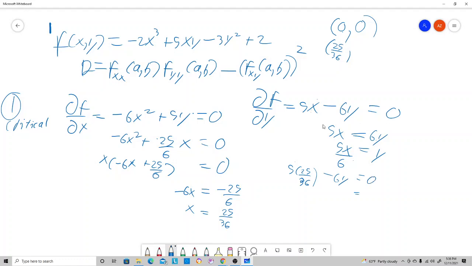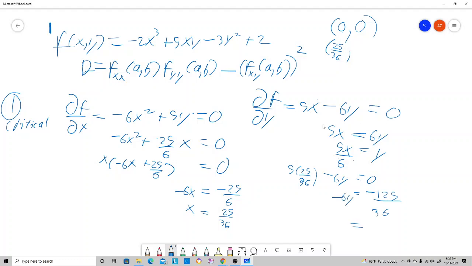Putting 5 times 25 over 36 into a calculator, we get a decimal, or 125 over 36, and we can move it to the other side right away: 125 over 36 equals 6y.